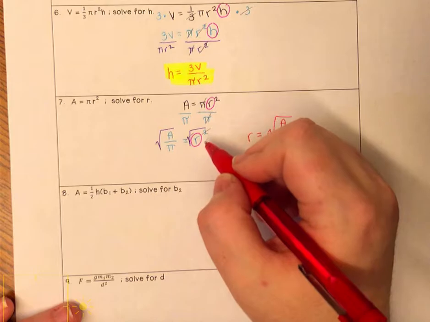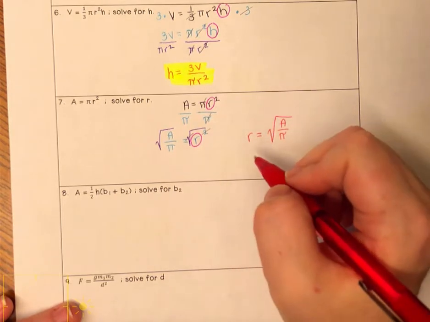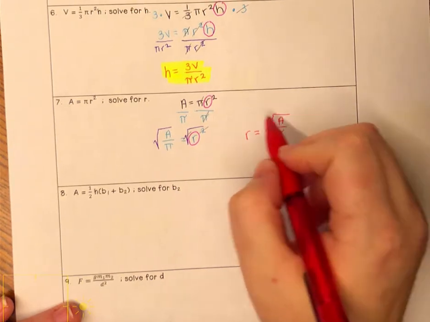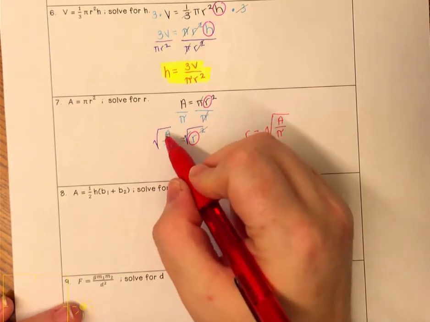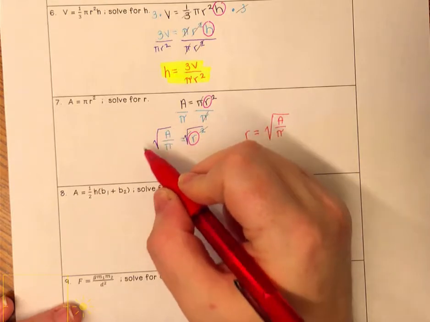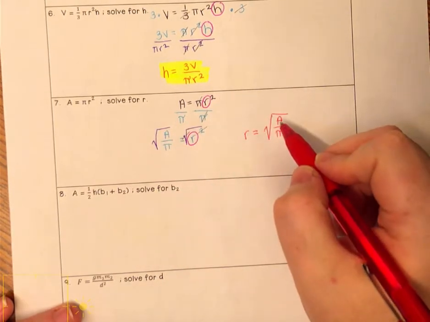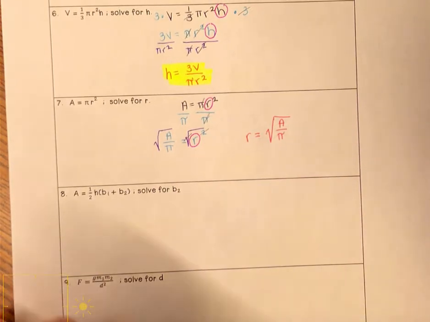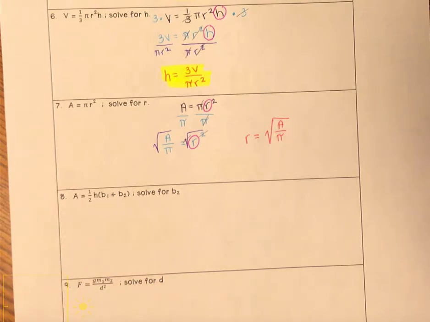So in order to get rid of an exponent, you have to take the radical of it. And because we took the square root at the end, it has to encompass everything on that side. That's why both the A and the pi are inside that radical symbol. Nothing is outside of it.